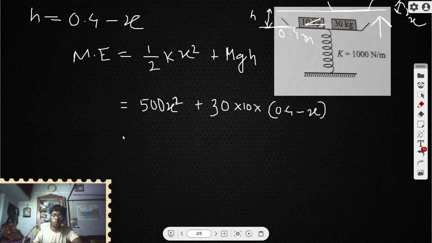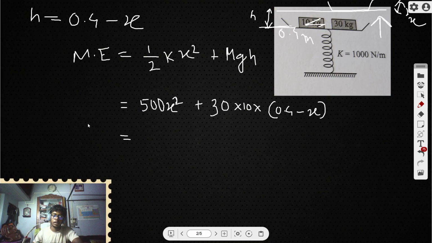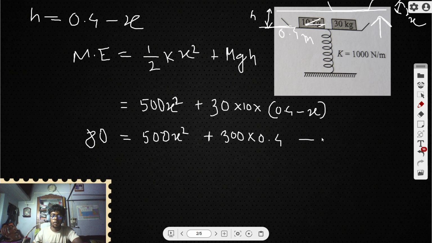We know that the mechanical energy is conserved in this motion, so the initial mechanical energy was 80, and the mechanical energy in this case will also be 80. So you can equate them: 80 equals 500 x square plus 300 into 0.4 minus 300 x.